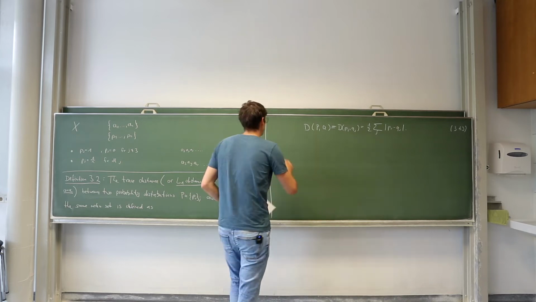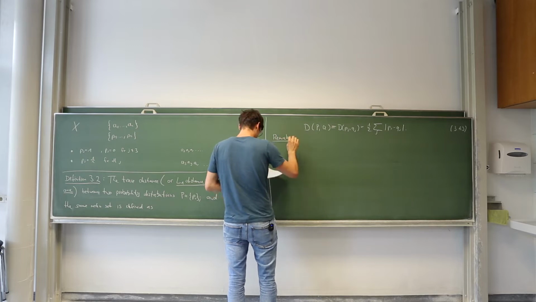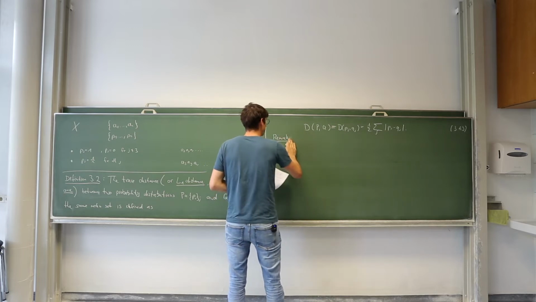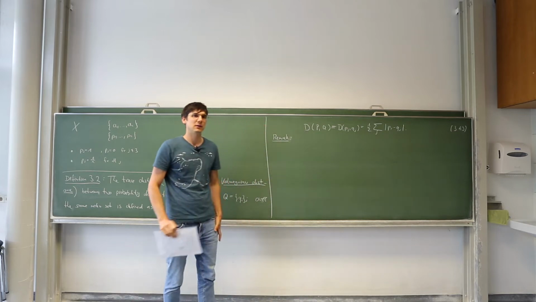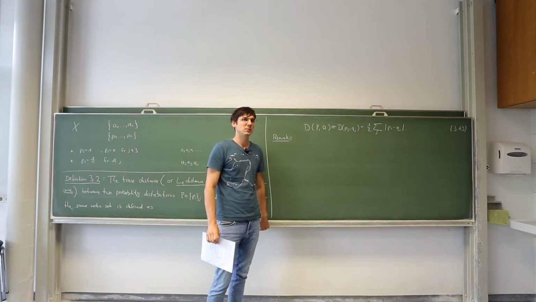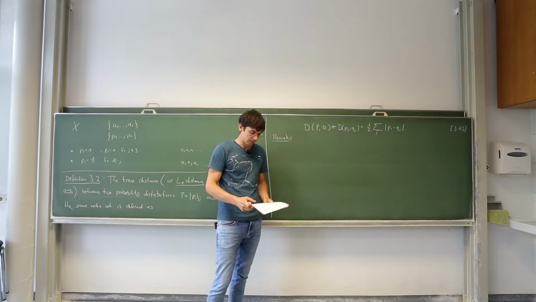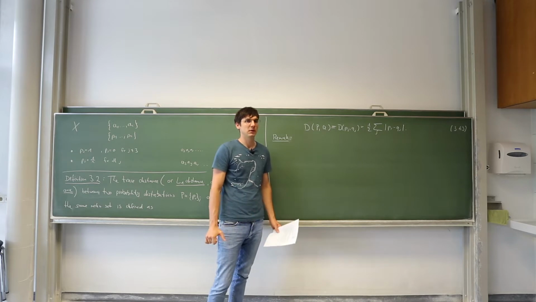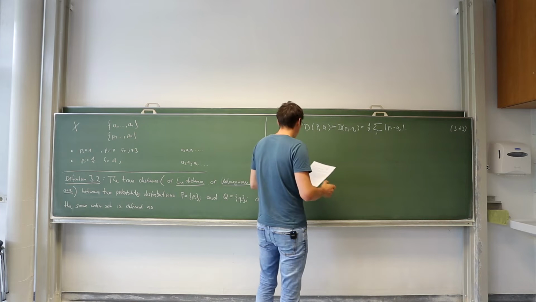Now let me state some remarks. In particular, one remark, namely the trace distance is a so-called metric on the space of probability distributions. And this goes with some properties that a metric satisfies. So let's write this down.